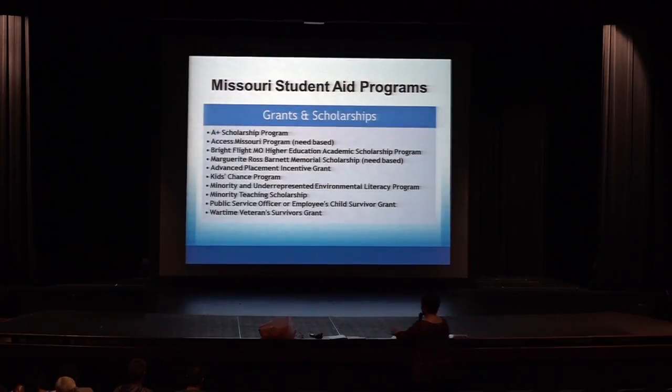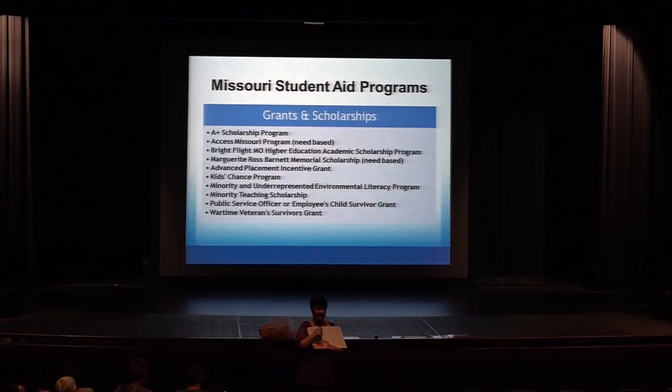Anyway, going back to government, we're going to look specifically at Missouri Student Aid. I know I've kept you here quite a while, so I'll try to go through this as quickly as I can. The first page of Missouri Student Aid is on page 34. A+ is on there.